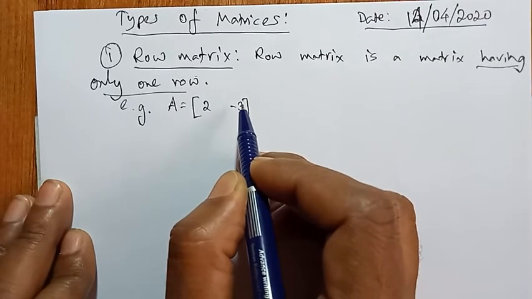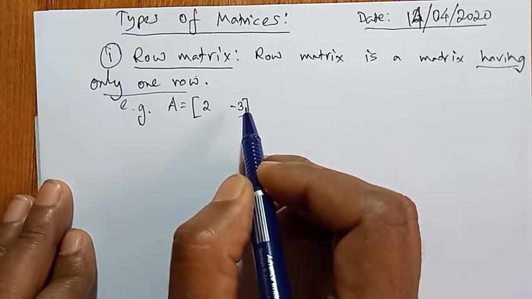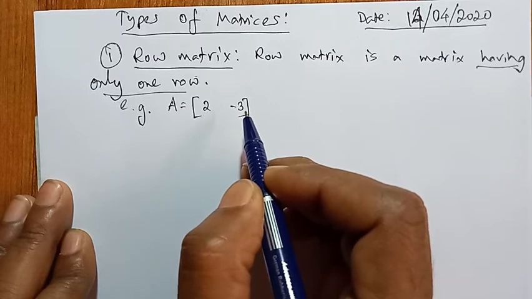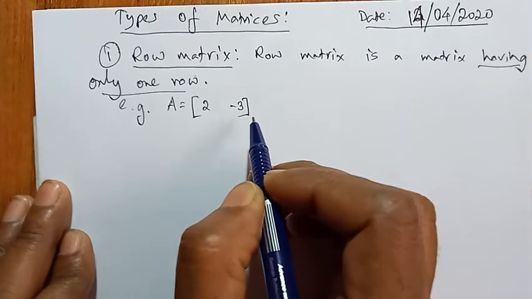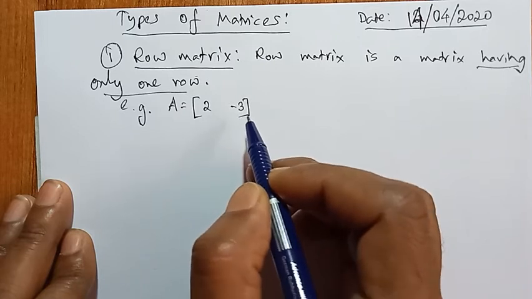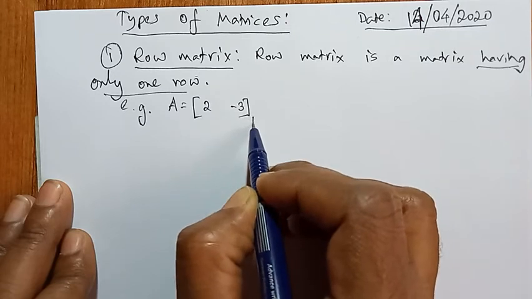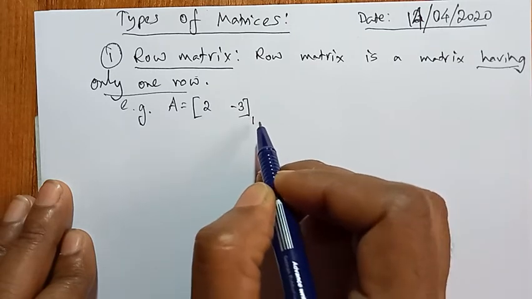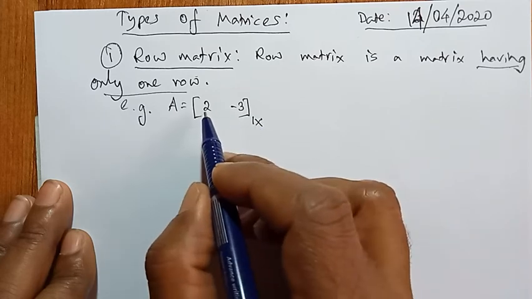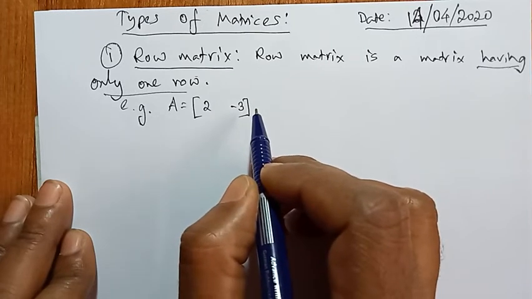So this is called a row matrix, and we know that every matrix must have one fixed order. So this matrix also has an order. When you write the order, first you check the number of rows. You see only one row, so write 1 here, then the cross symbol, then you write the number of columns.